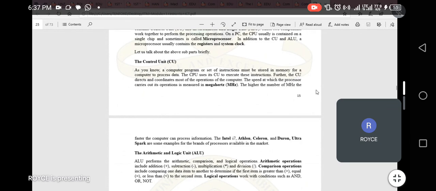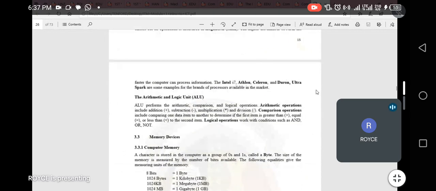Then the arithmetic logic unit is going to perform the actual thing that has to be done on that program, whether it's comparison, logic operations, or arithmetic operations. Is that clear about the arithmetic logic unit?